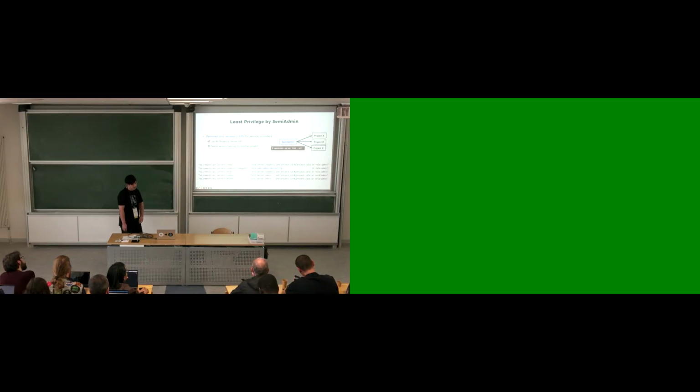This semi-admin role was important to achieve this privilege separation. Let's consider server access permissions, for example. The semi-admin role is defined as in this YAML file configuration. Look at this line.